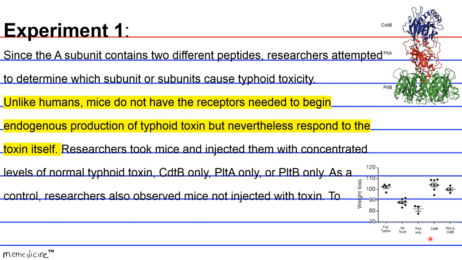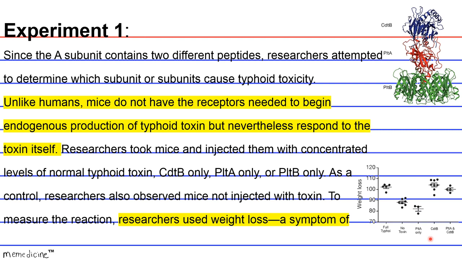As a control, researchers also observed mice not injected with toxin. To measure the reaction, researchers used weight loss, a symptom of typhoid fever, as a gauge for toxicity levels. Here you can see low weight loss, okay, and high weight loss.